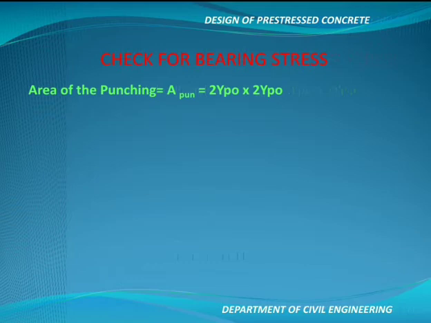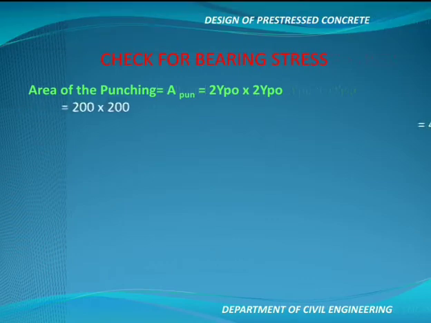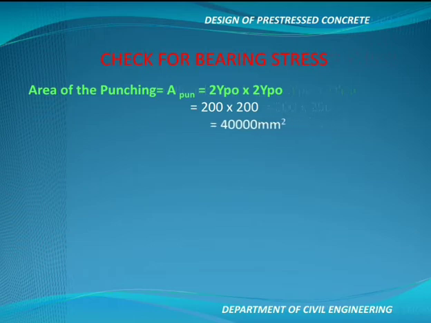So in this case the area which undergoes punching is given by 2 yp naught multiplied by 2 yp naught. That is nothing but the size of your anchor plate. We consider that the area of the anchor plate undergoes a punching effect. So here we get the area as 200 into 200.